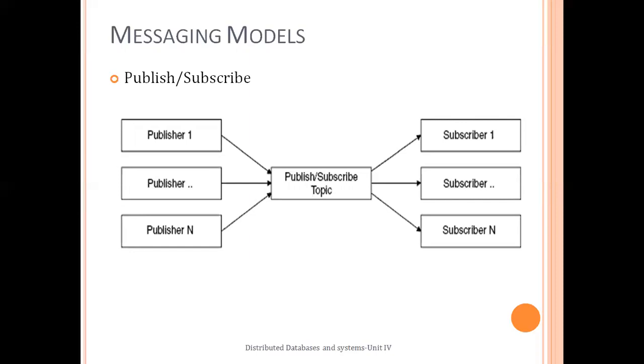For example, if we take a WhatsApp group, whoever registered for the group will be a participant. If I send a message, it will be received by all the participants. That means I publish a message, and it will be sent to all the subscribers. If subscribers want to receive messages, they have to subscribe to a particular topic or group. Whenever a publisher sends a message, it will be sent to all the subscribers.